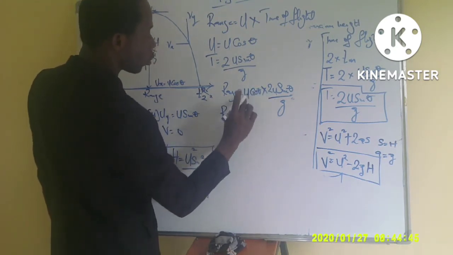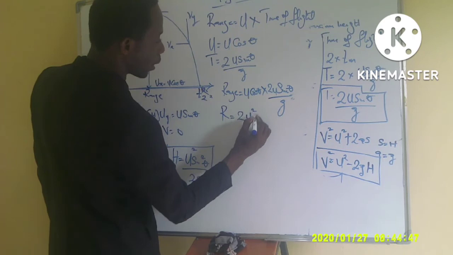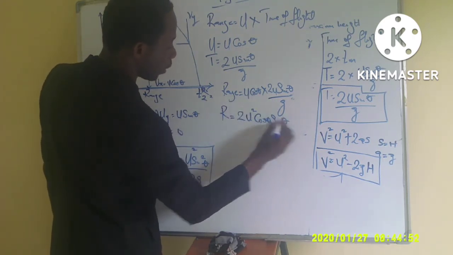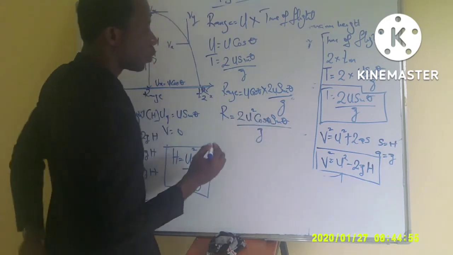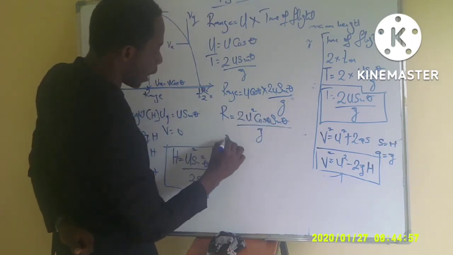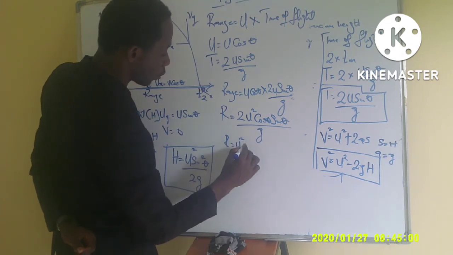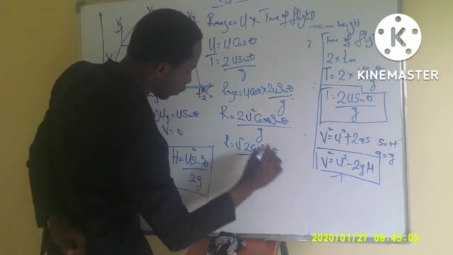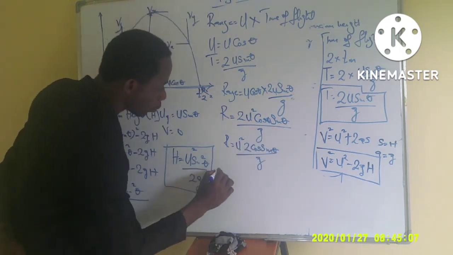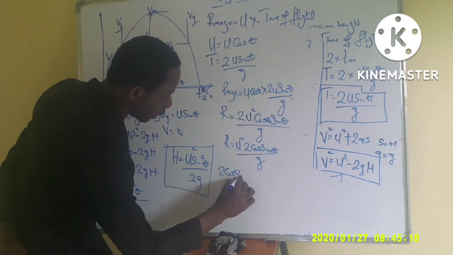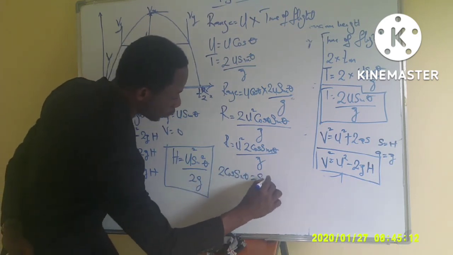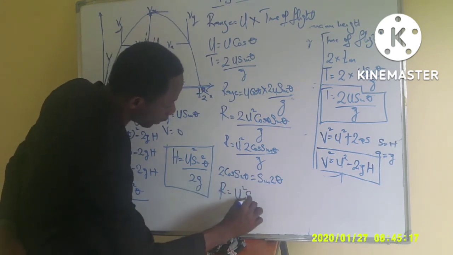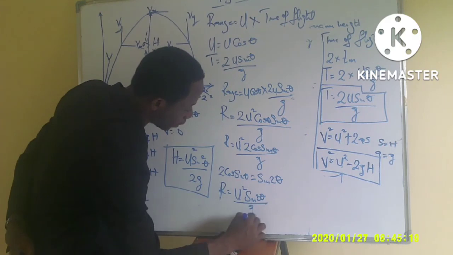I'm going to have 2u squared, then cos theta sine theta over g. So R is equal to u squared times 2 cos theta sine theta over g. From trigonometry, 2 cos theta sine theta gives us sine 2 theta. So R is equal to u squared sine 2 theta over g.